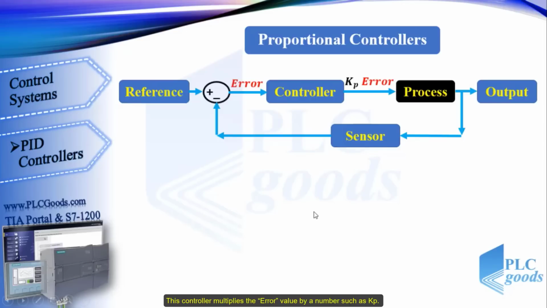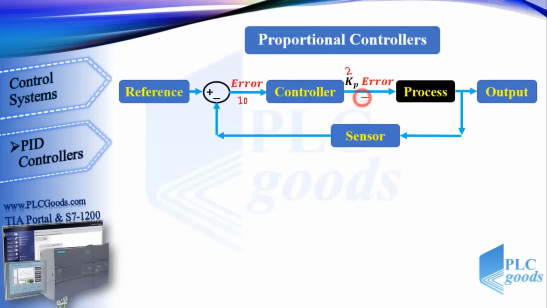This controller multiplies the error value by a number such as Kp. For example, if the error is 10 and the Kp is 2, the output will be 20. If the error is -5, the output of the controller will be -10.